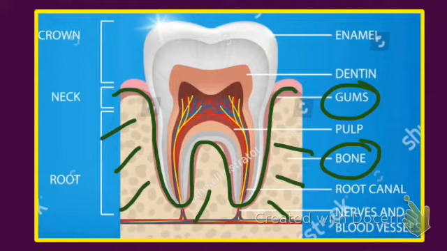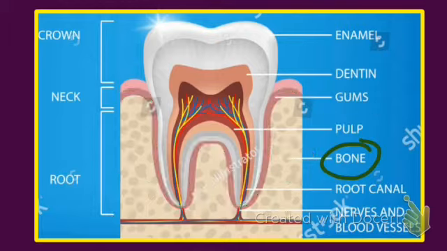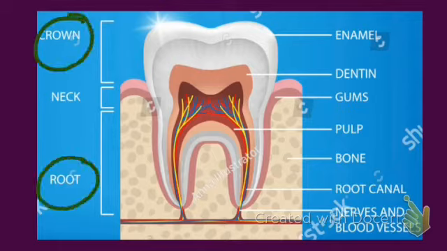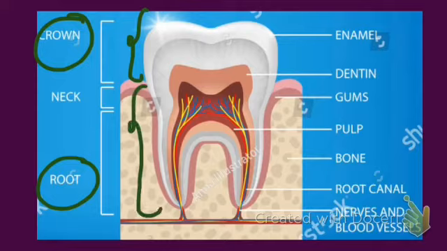Now let us see the different parts. A tooth has 2 main parts, crown and root. The part that is visible to us is the crown, and the rest of the part which is inside the gums is the root.